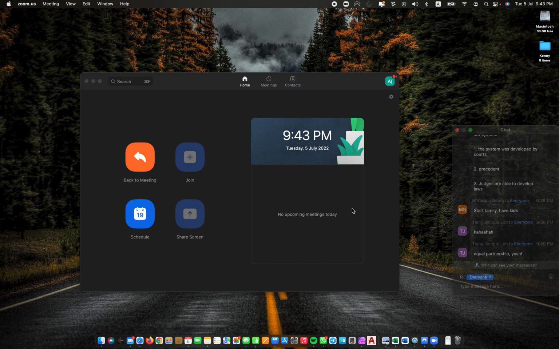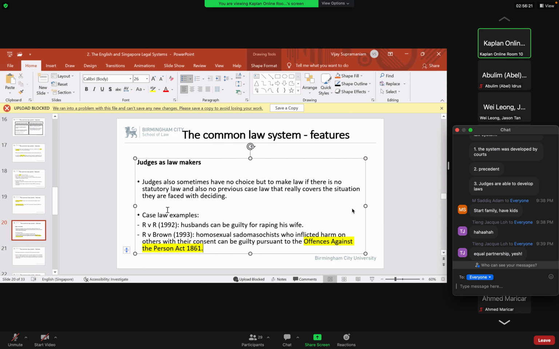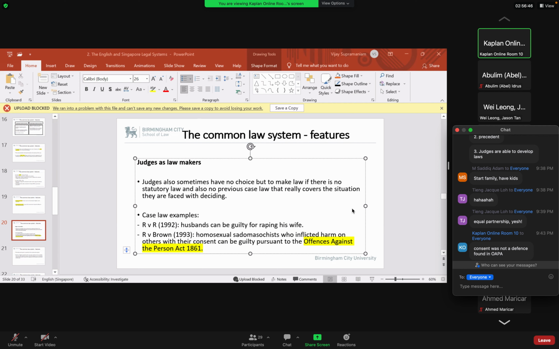In this case, the court said you can't. The judge said cannot. On what basis? The defense of consent was not a defense found in the OAPA. What is the OAPA? Offences Against Persons Act.